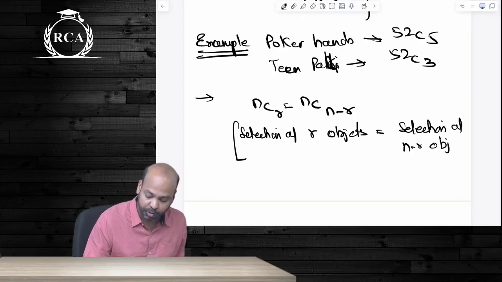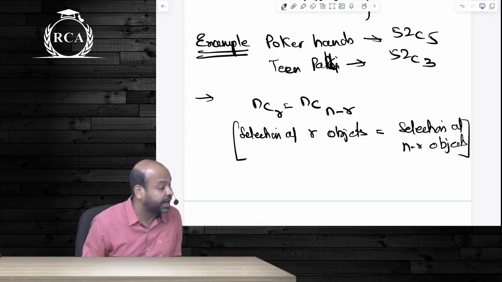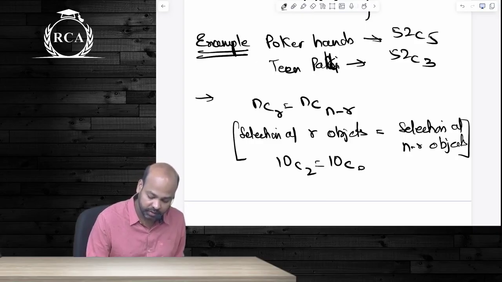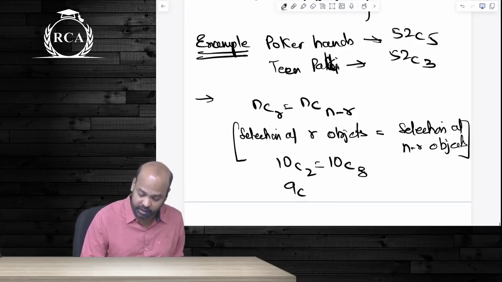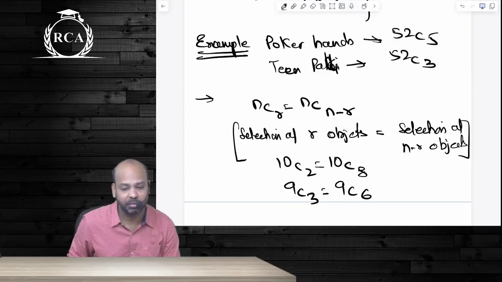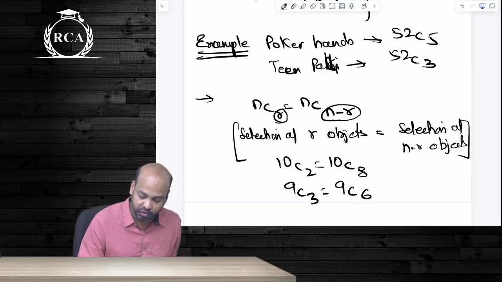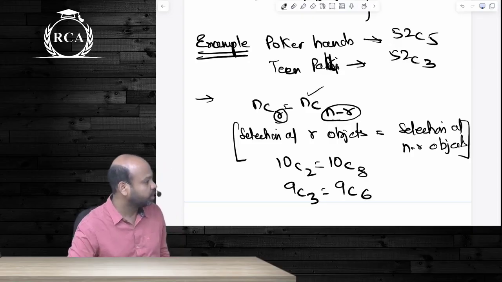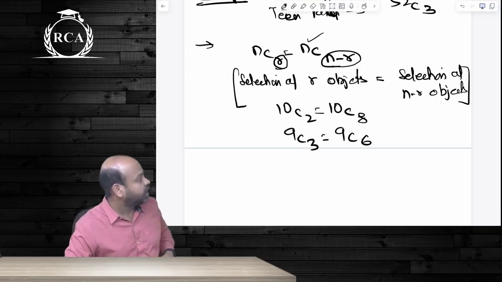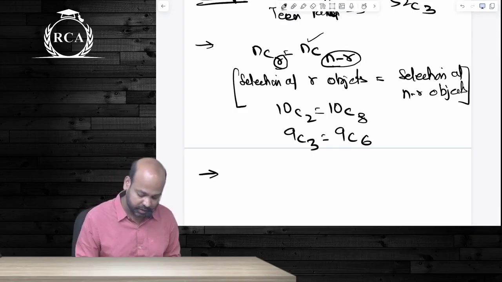Out of a group of 10 objects, if I'm selecting 2, am I not creating another group of 8 objects? So you will write 10C2 is equal to 10C8. Likewise, 9C3 should be equal to 9C6. This property is important. Whenever there are missing figures, the summation of both of these values should be equal to n. We have used this in a couple of questions.